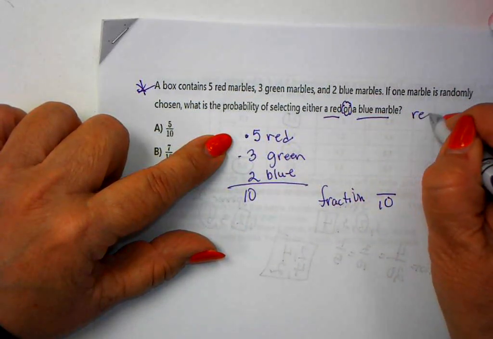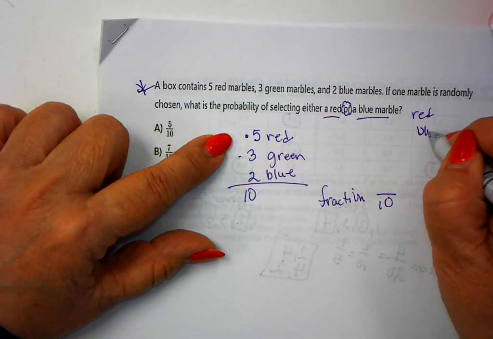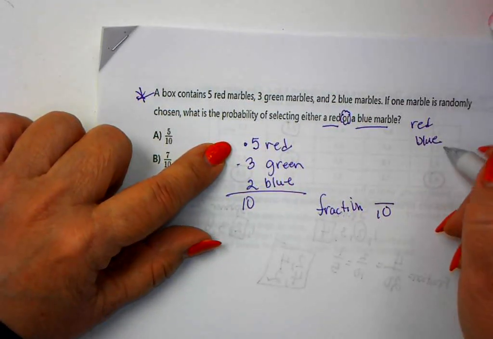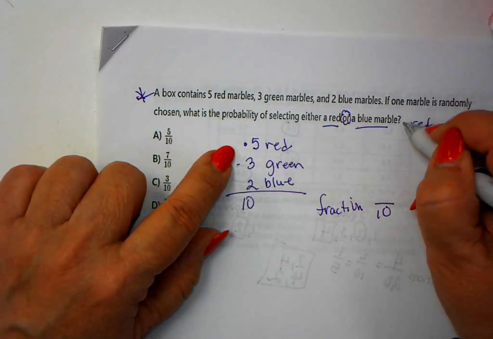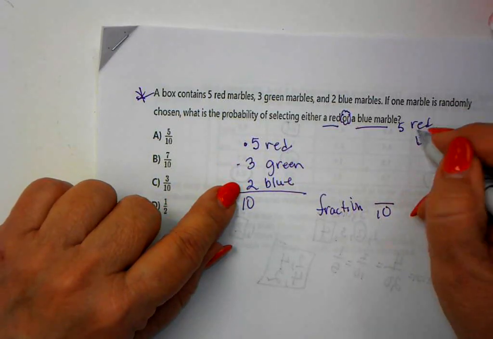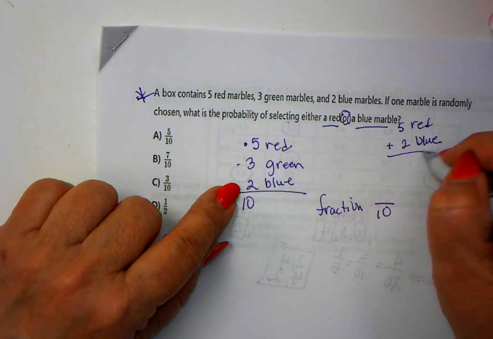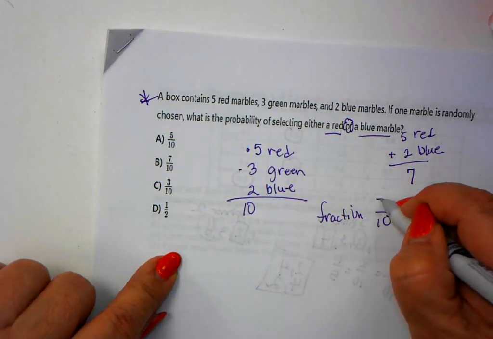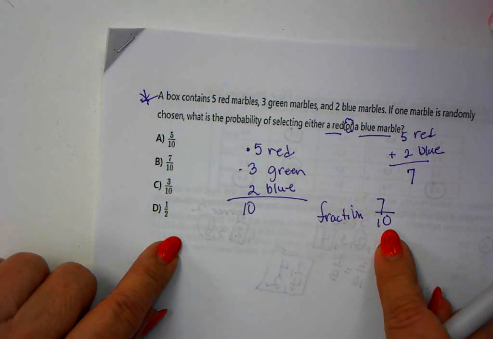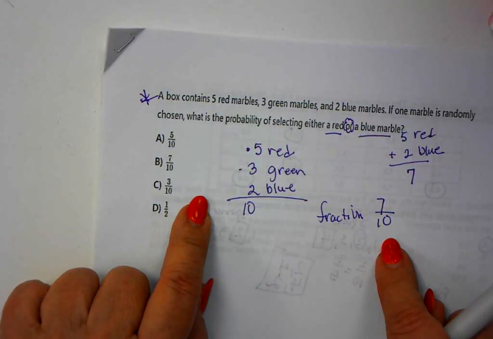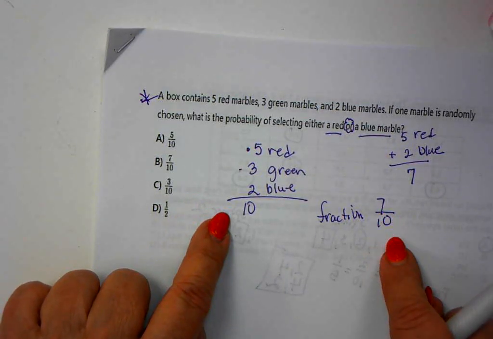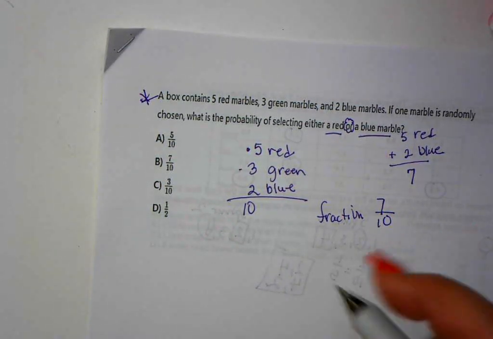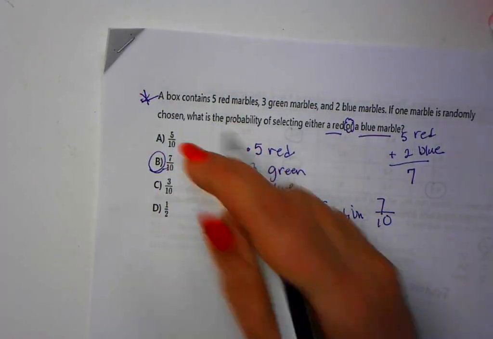So red and blue. So here I'm going to have 5 red and 2 blue. So 5 plus 2 equals 7. So now I'm able to find the probability that it would be about 7 out of 10. And it's B.